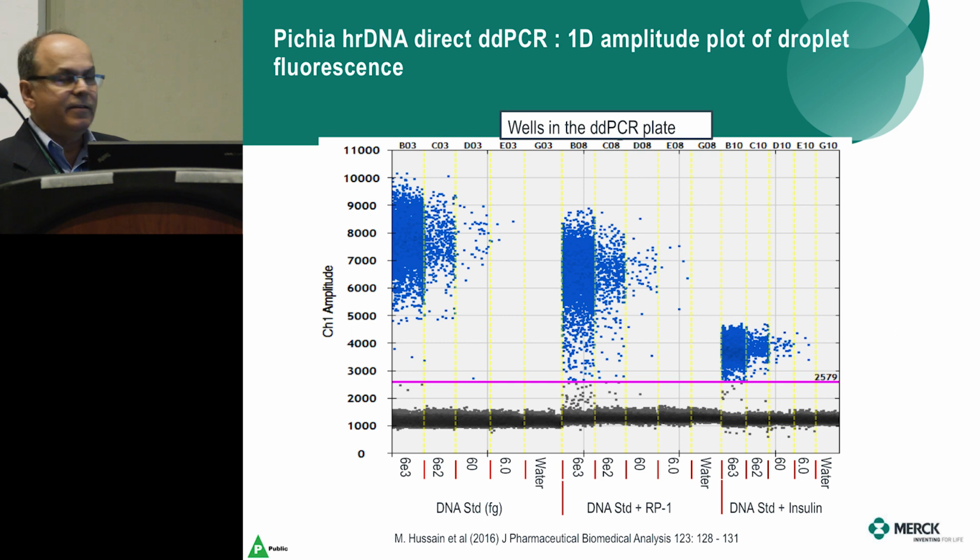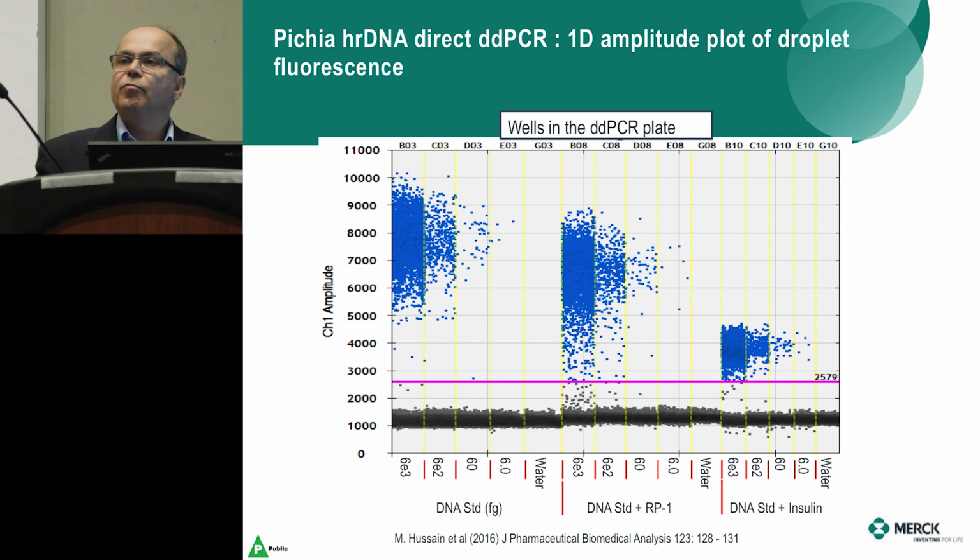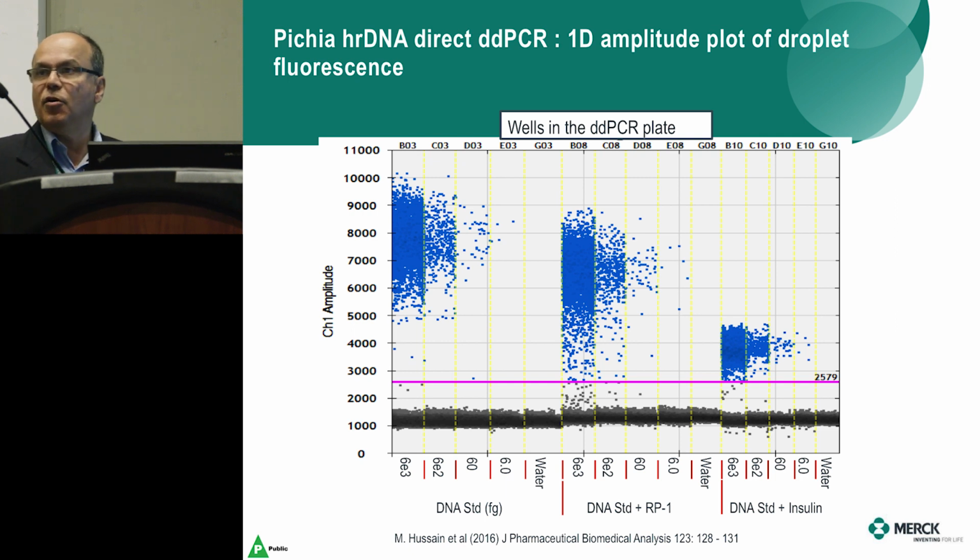These are the negative droplets based on the fluorescence amplitude. And based on this threshold, which the application can draw or it can be drawn manually. And this slide also shows a serially diluted standard.